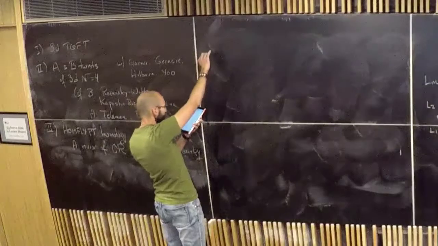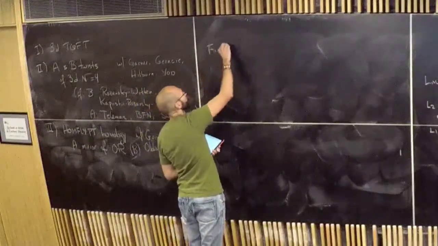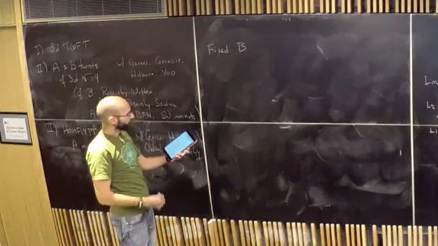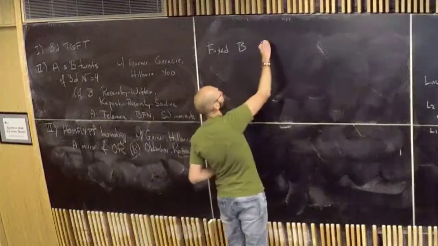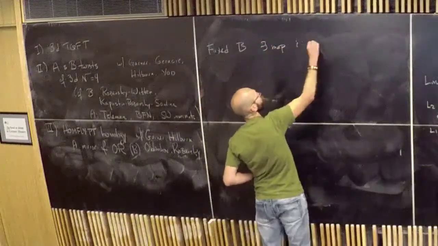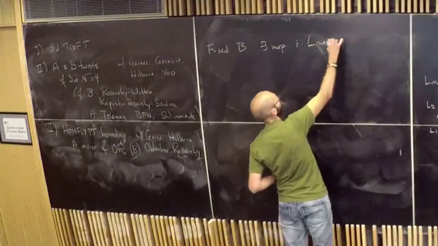So for a fixed boundary condition, there's always a map that sends lines in the bulk to lines on the boundary.